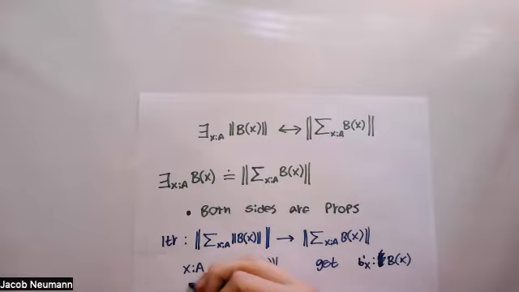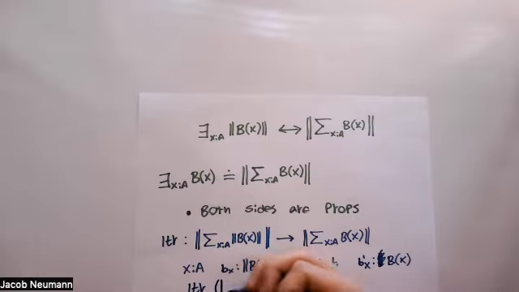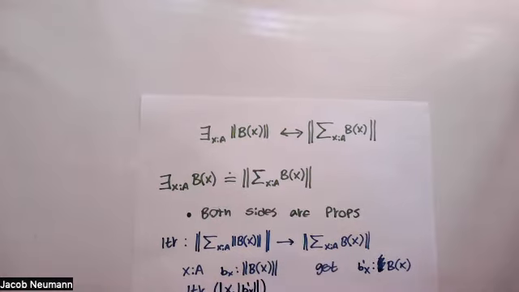Once we've extracted all this, we're going to write this as the propositional truncation of X with the propositional truncation of B prime X. Does that make sense?